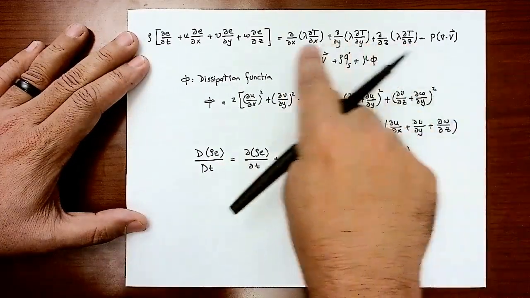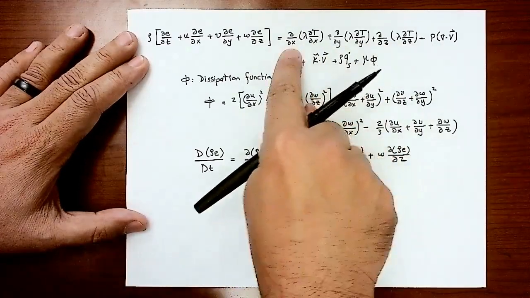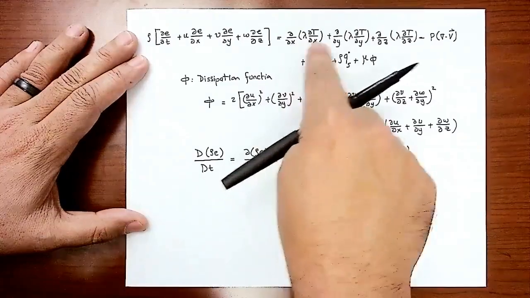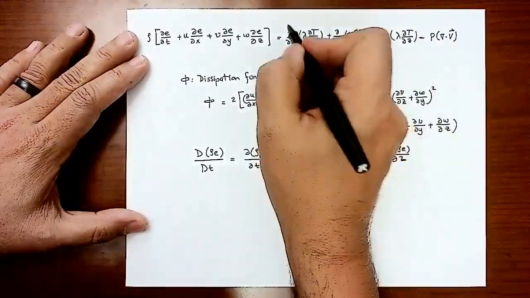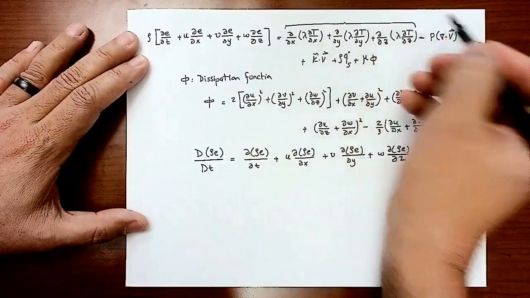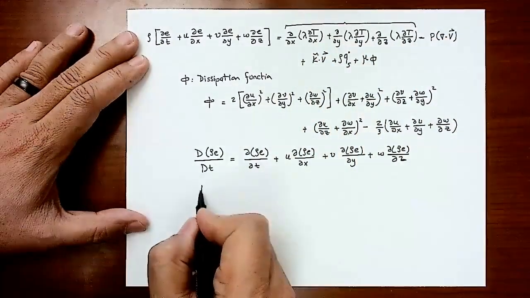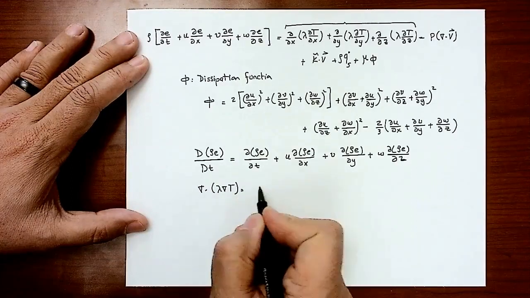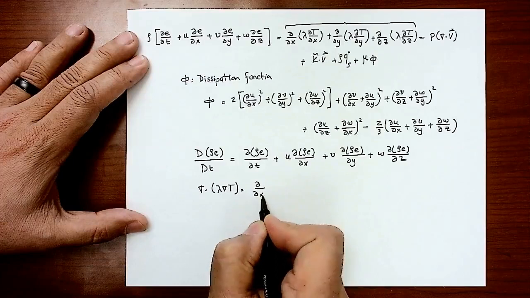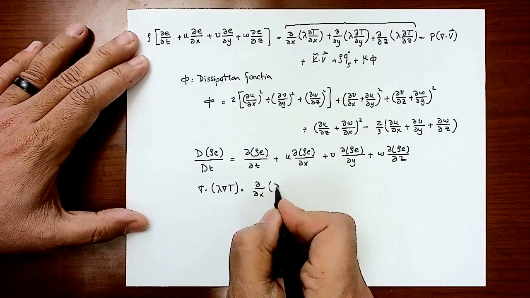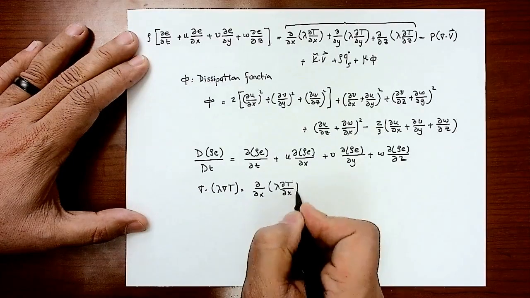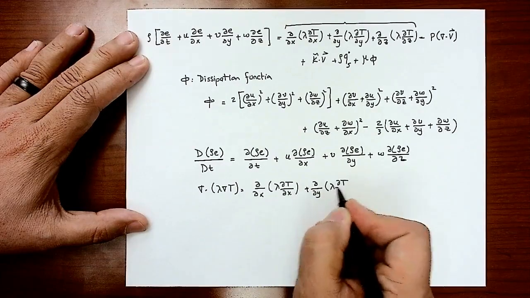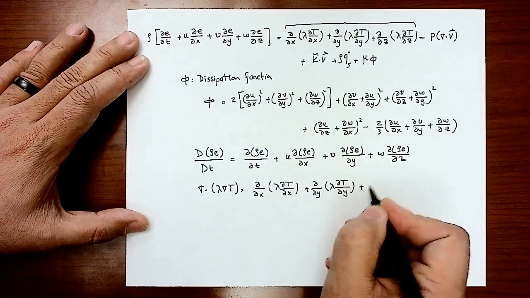Then this term here, this is nabla dot lambda nabla t, right? So these terms can be collected in a very simple shape here. So nabla dot lambda nabla t is simply, nabla is partial by partial x dot this term, which is lambda partial t by partial x, and you add up the same for the y, and you do the same for the z.